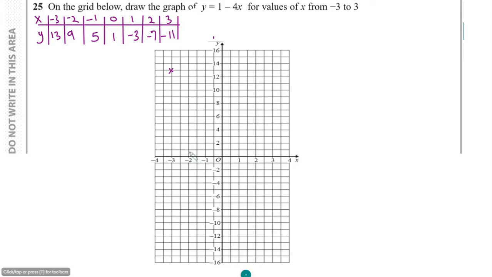When x is -2, y is 9. Yep, somewhere here.